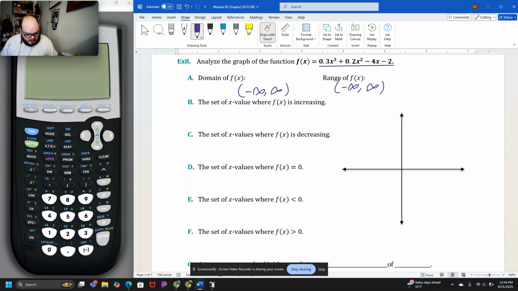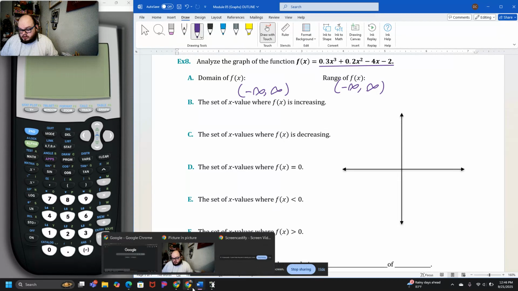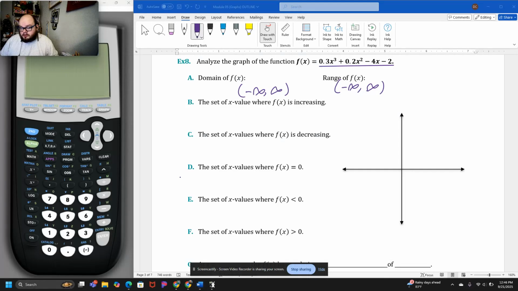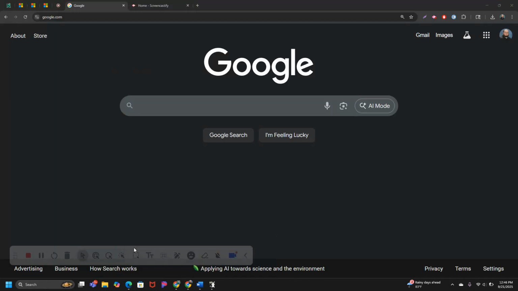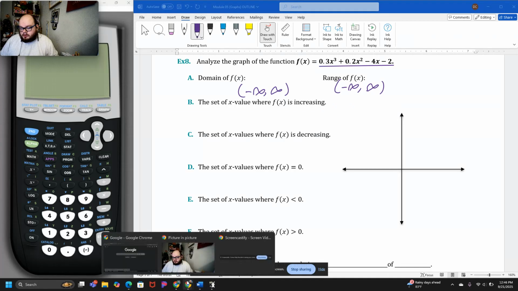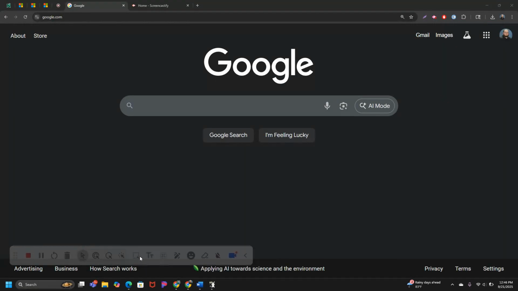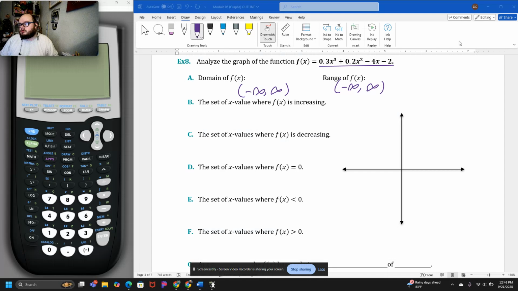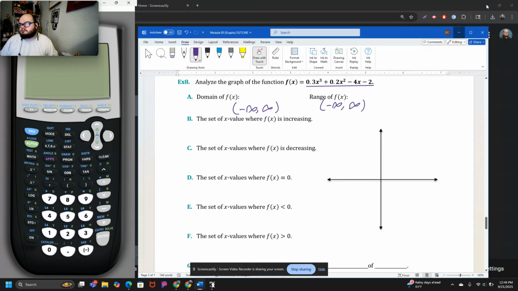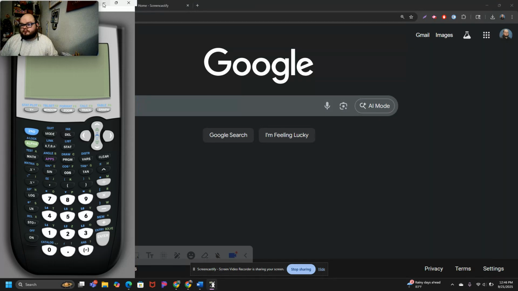Now this one, I would say this is a good opportunity to put it in Desmos, really, and I don't have the Desmos open for us, but we can certainly get ourselves there, I would have thought. There we go.